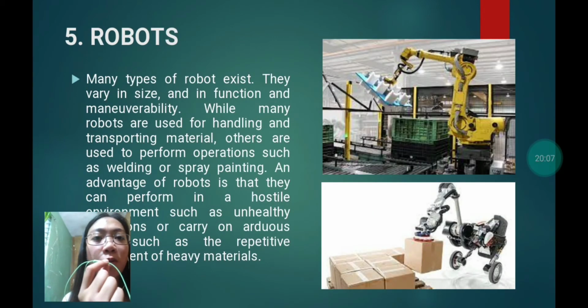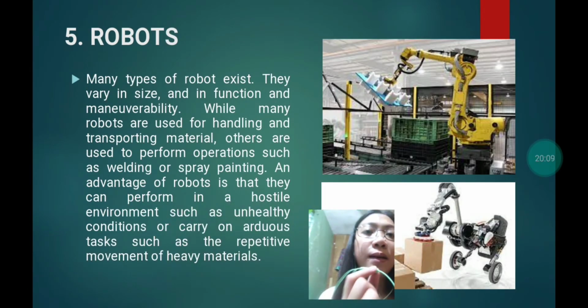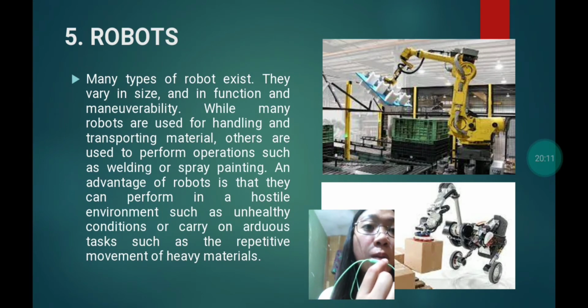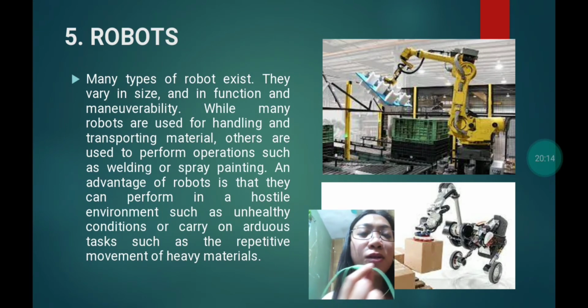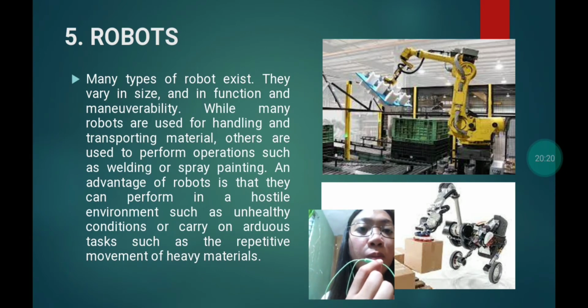And we have robots. Many types of robot exist. They vary in size and function and maneuverability.